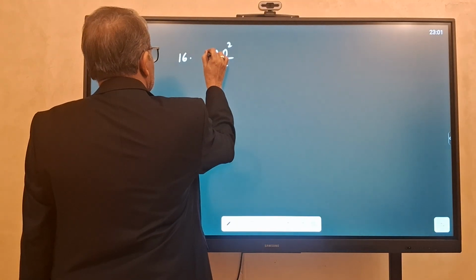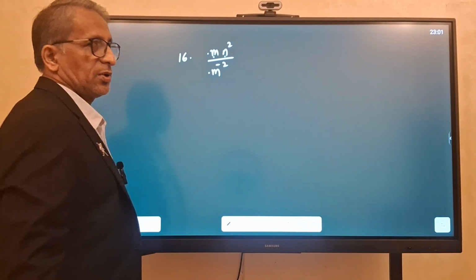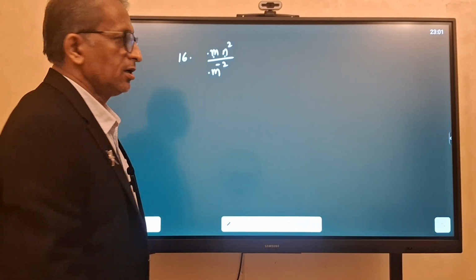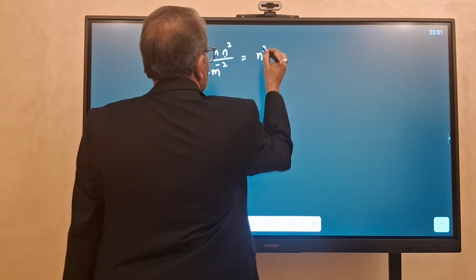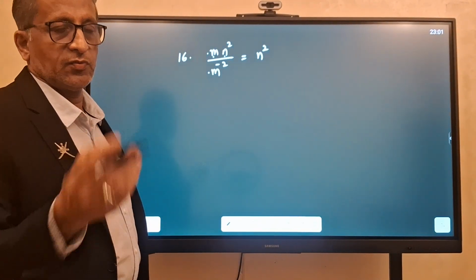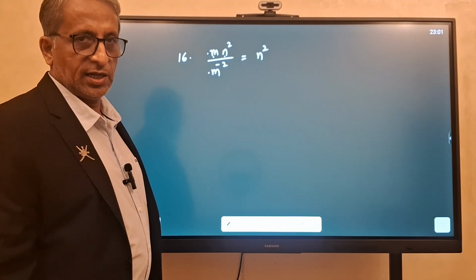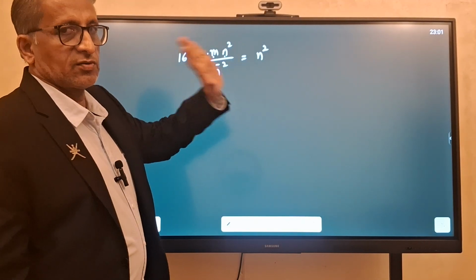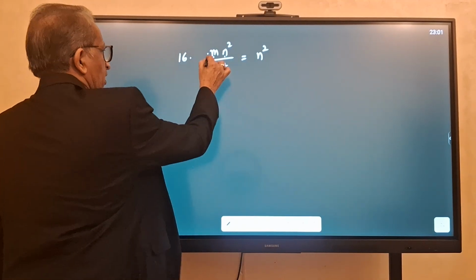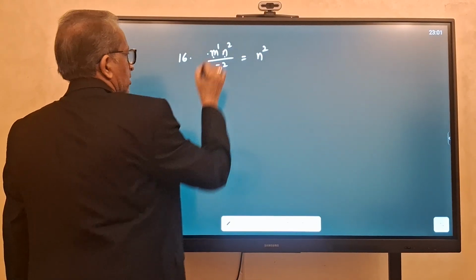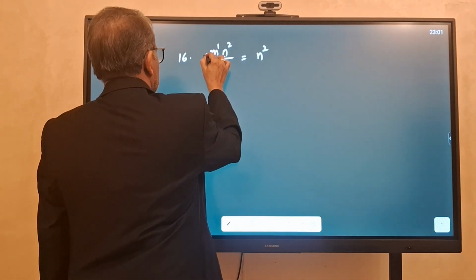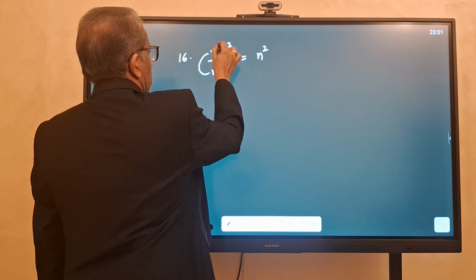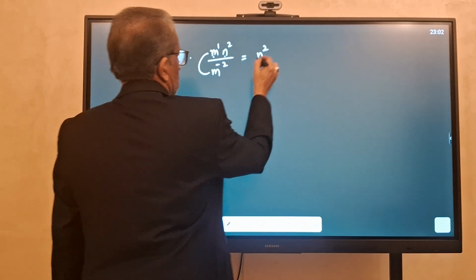But is it this and this? I can apply the law? Yes. What is not changing here is n square, no change, because we don't have a similar index number. So I will write n square as it is. When nothing is in the power, it is always 1. So I apply rule number 2 for m1 by m minus 2.